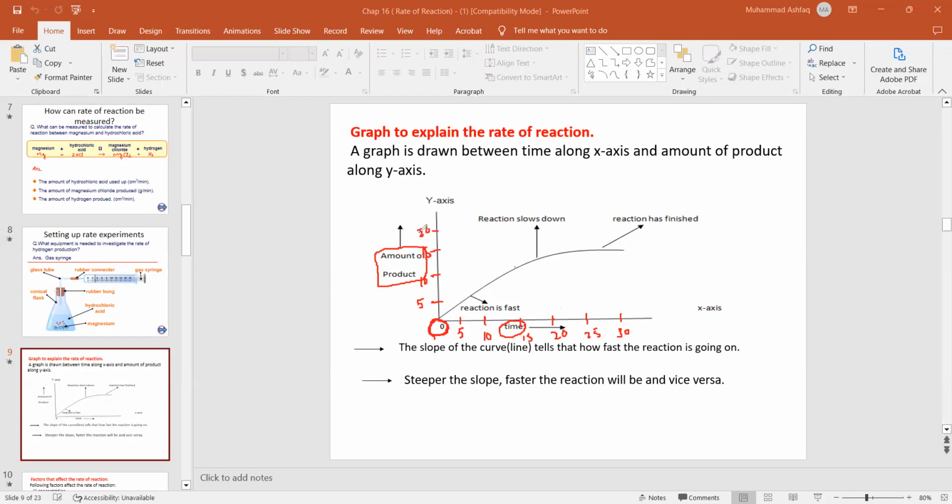For example, as time, you add the reactants and let them react. Time starts to move, tick, tick, tick. At 5, you can see the time is going this way, and at that level the amount of product also starts to form.